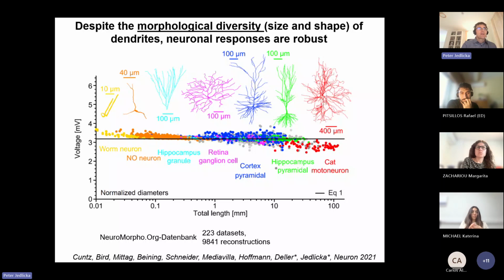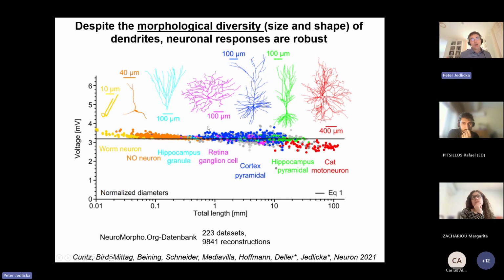Okay, so here I want to show you that if you use morphologically diverse dendrites, that's very useful because this allows you to find general principles that are sometimes hidden behind the complexity of data. Again, without going too much into detail here, this is one example or one result that we got. And here we used, in this case, reconstructed morphologies, but then also in other panels of the paper also synthetic morphologies.